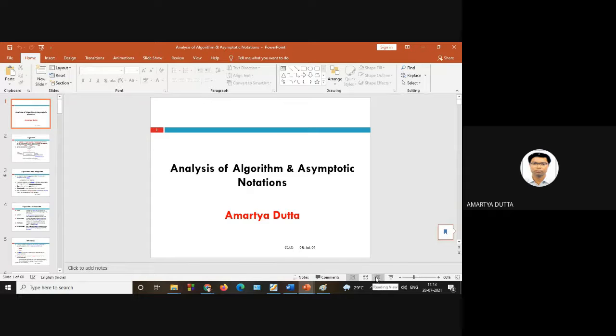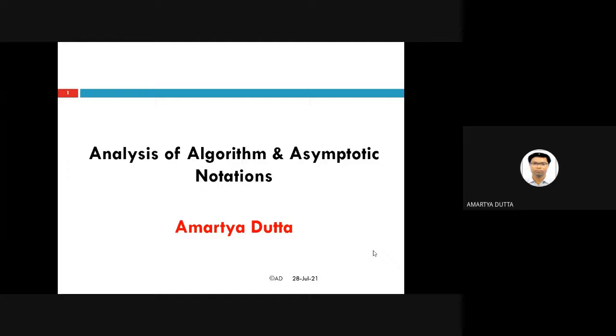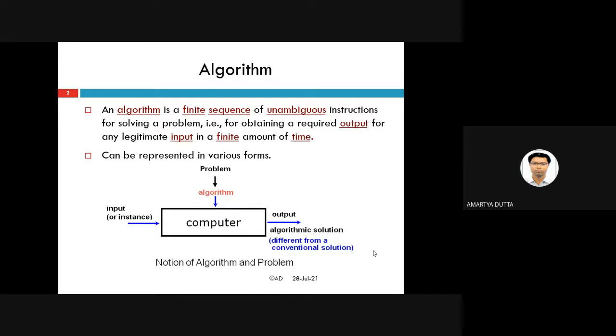First of all, what do you mean by algorithm? An algorithm is a finite sequence of unambiguous instructions for solving a problem. Okay. So it is a set of instructions to solve a particular problem.